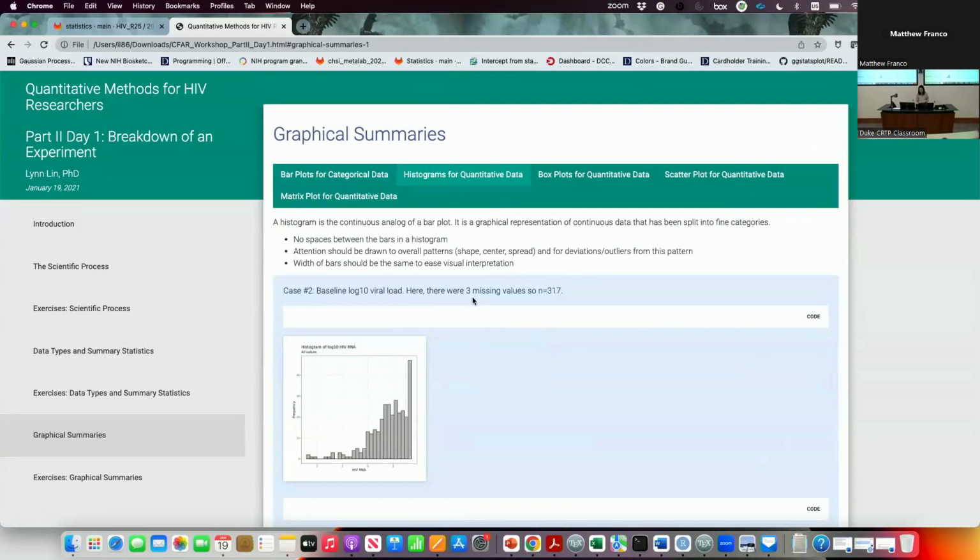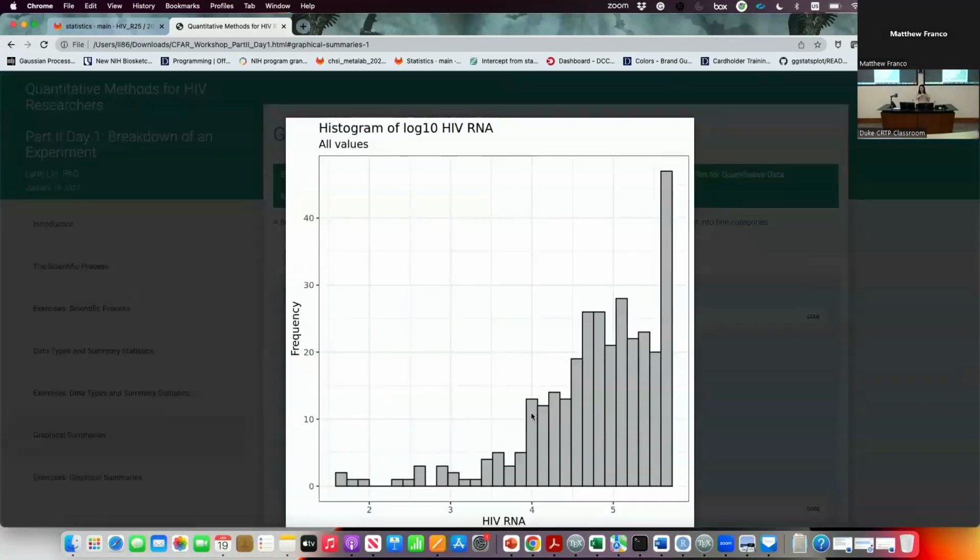For example, if you have continuous data, such as age, and you want to see the distribution, you could split this continuous number into multiple categories, and then count the frequency of people falling into this bin, or that bin, etc.